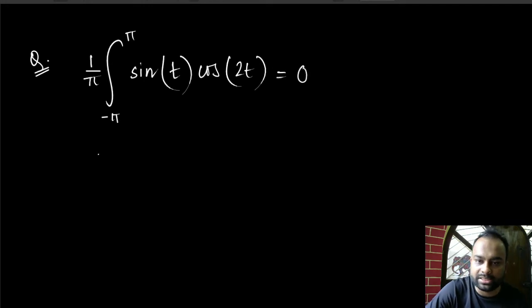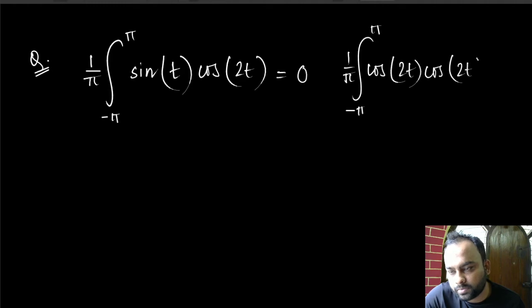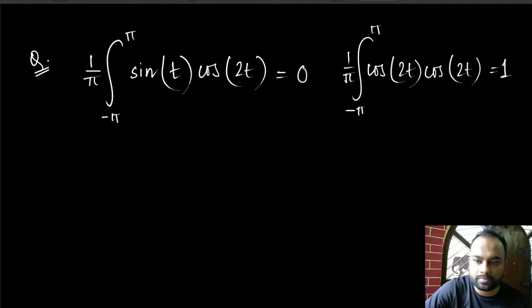So I can say this is 0, integration from minus pi to pi, 1 by pi, that's equal to 1.